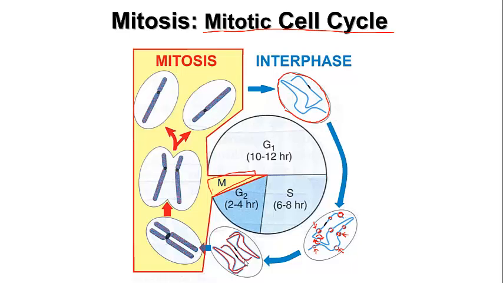By the way, as the book states, a condensed chromosome that consists of two sister chromatids, which represent identical copies of the same DNA molecule, is called a bivalent chromosome.